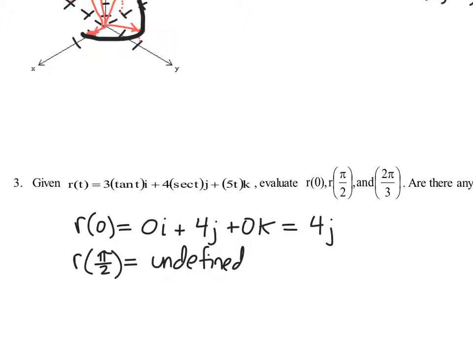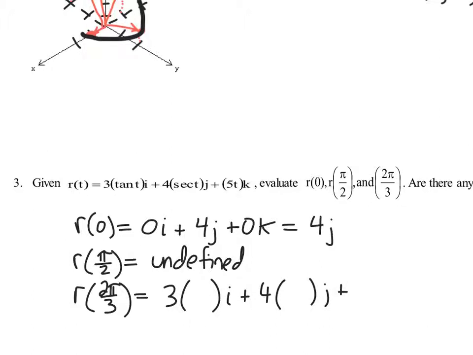All right. So 2 pi over 3. 3 times the tangent of 2 pi over 3 plus 4 times the secant of 2 pi over 3 plus the last one is just simple multiplication, so 10 pi over 3. I'll just throw that in there.